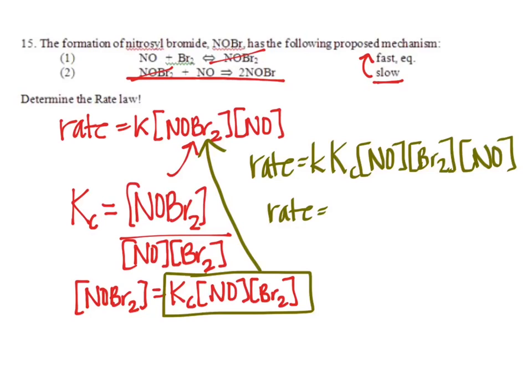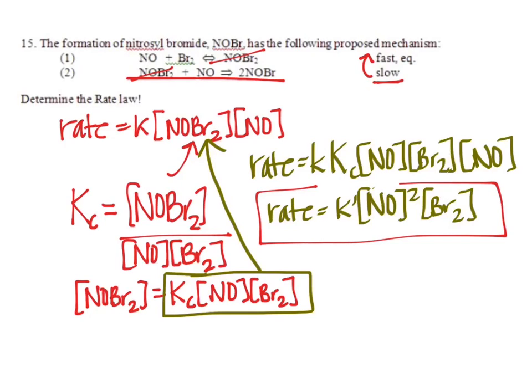Rate is equal to, I don't like those two K's, so I'm going to do K prime, NO squared Br2. Good?